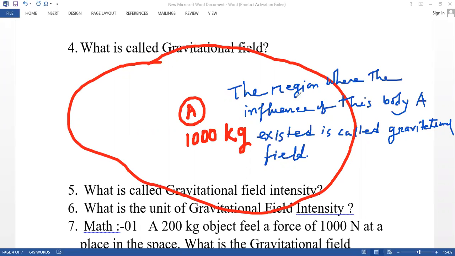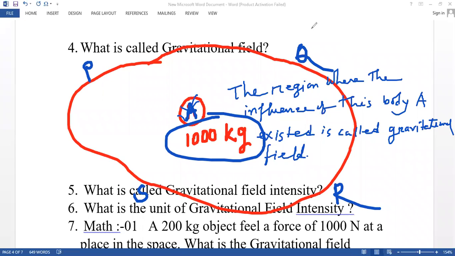This is the field created by the object. What is the field here? This PQRS is the field created by the body A, of 1000 kg. That is the gravitational field.